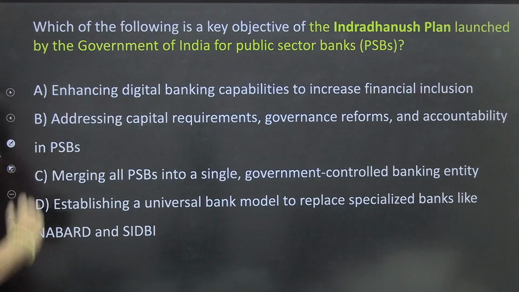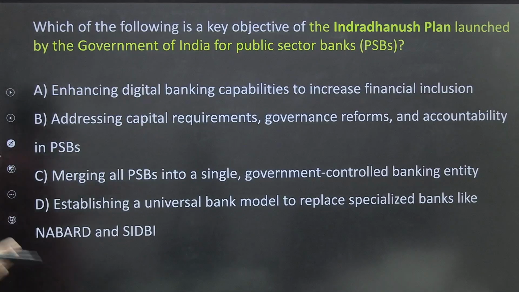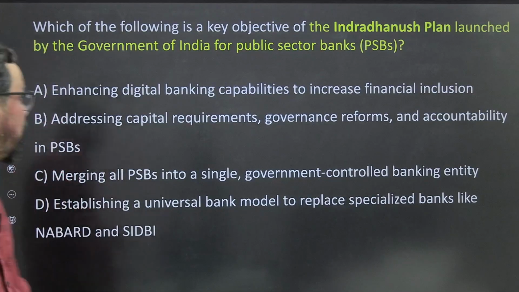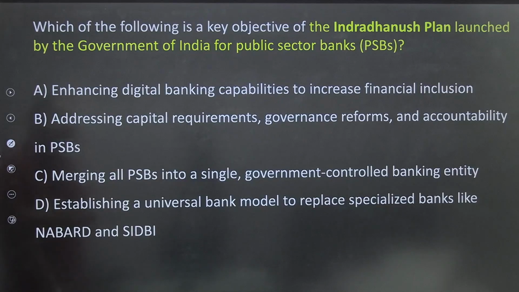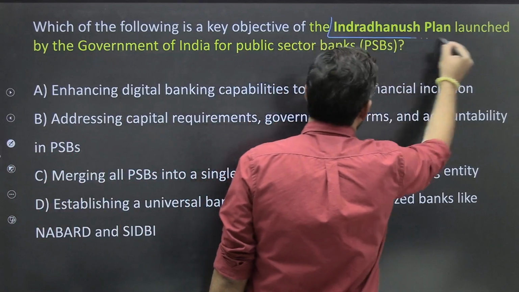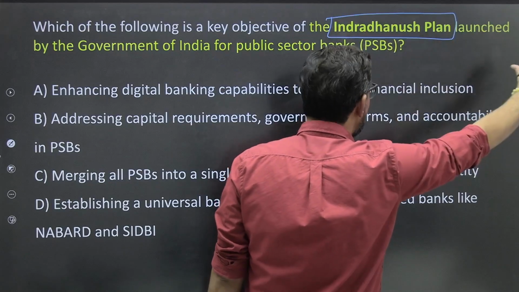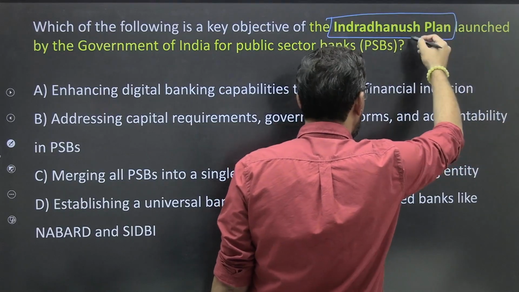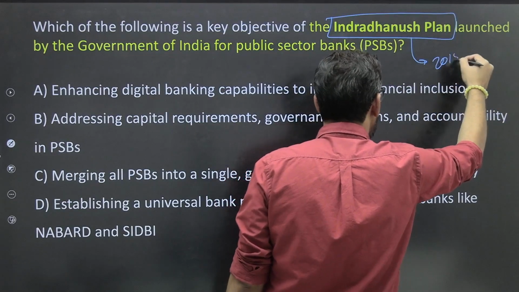This is a kind of revision because we have discussed these pointers in the past also. Which of the following is a key objective of the Indradhanush Plan? The Indradhanush Plan had 7 steps, which is why it is called Indradhanush, and it was launched in 2015 itself.